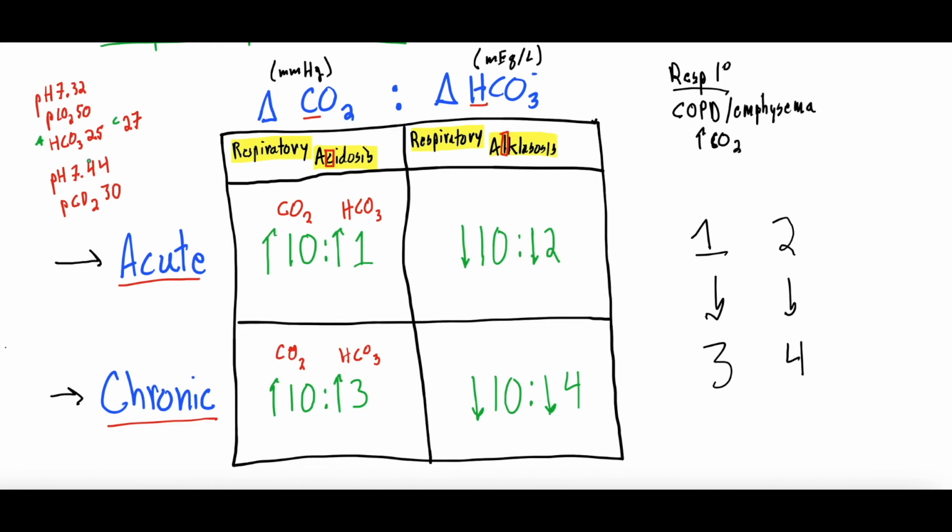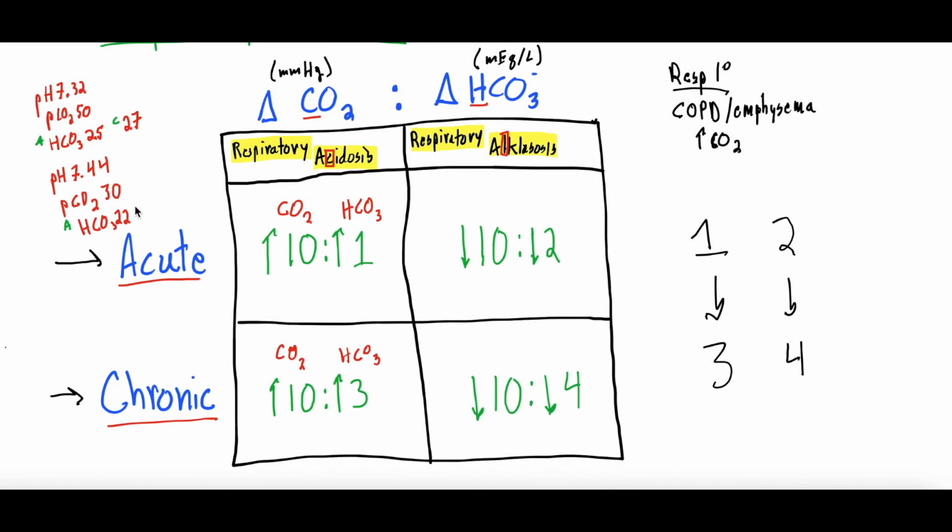So for an acute respiratory alkalosis, with metabolic compensation, you would expect for every 10 decrease in the CO2, the bicarb to decrease by 2. Normal bicarb is 24, so you expect the bicarb in a metabolically compensated acute respiratory alkalosis to be 22.